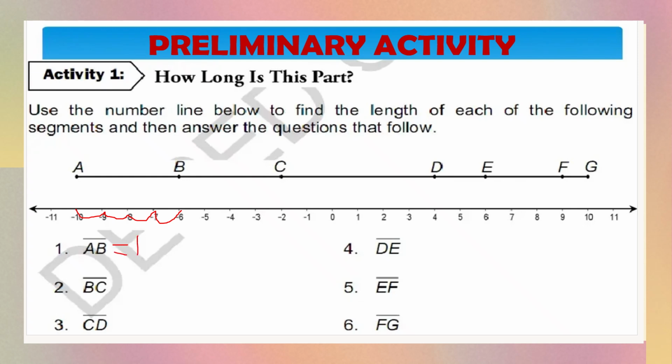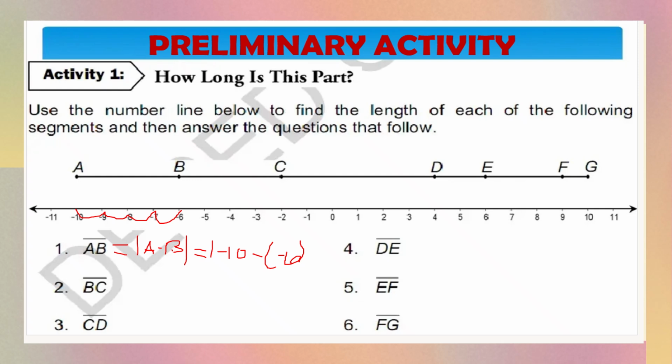We have the absolute value of A minus B. Okay, so this is the symbol for absolute value, and then you can have this one. A is -10, so the absolute value of -10 minus -6.